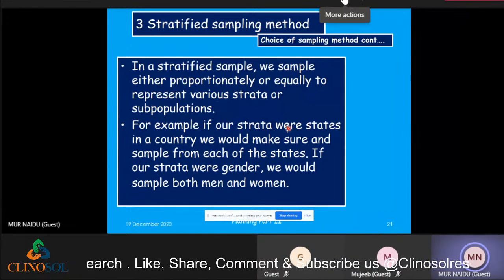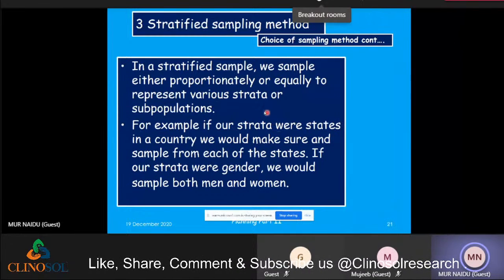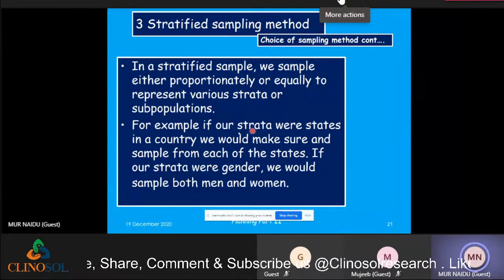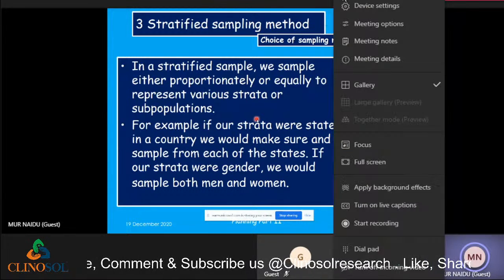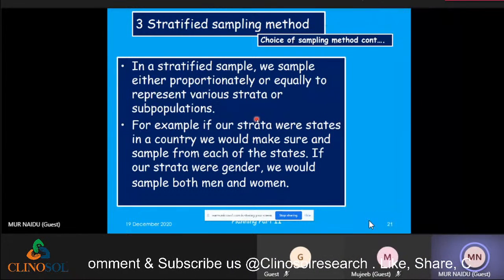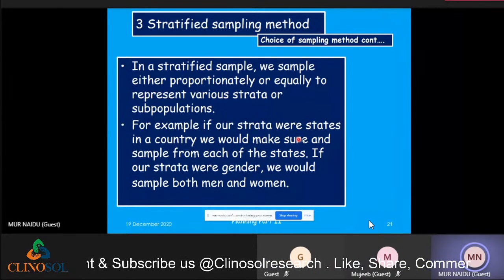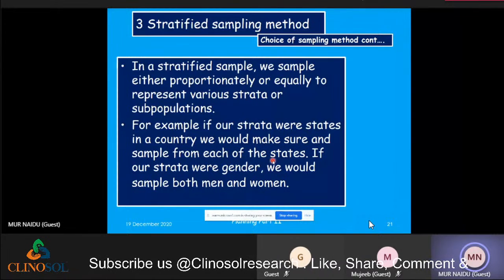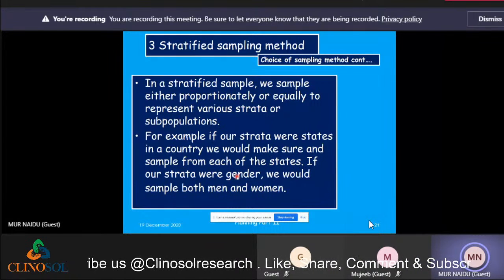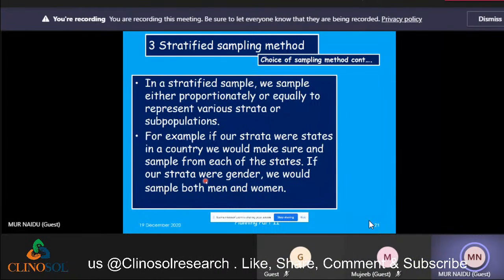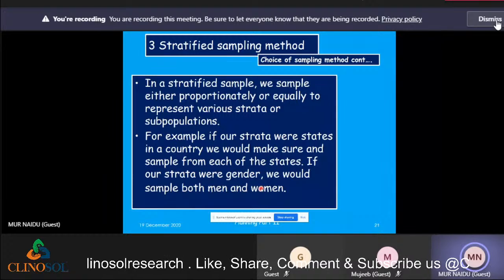For example, suppose you want to do a study where you want participation or data from various states of a country. There is a country, there are states, and you want to take a population. You have to take from various states of that country and make sure that the sample from each state you have selected has people available. Or take gender: you say that you will include both men and women in the trial.